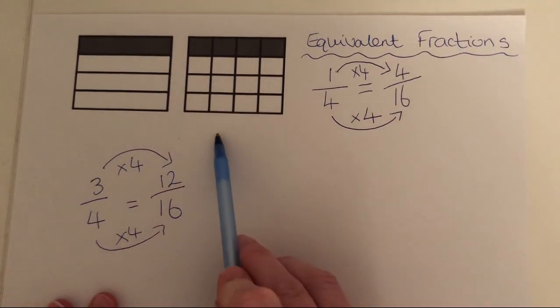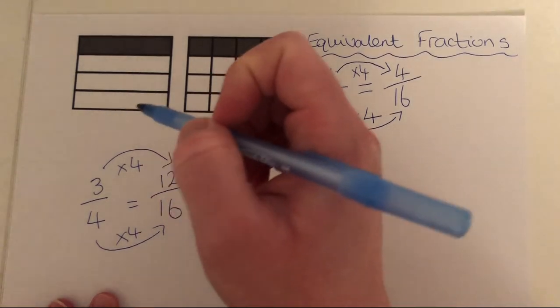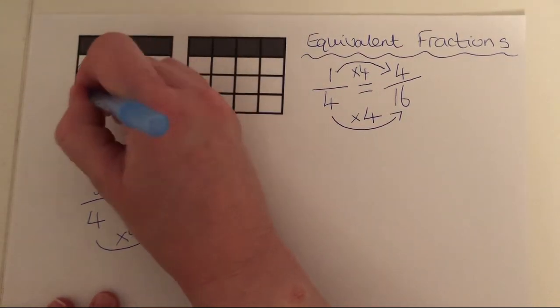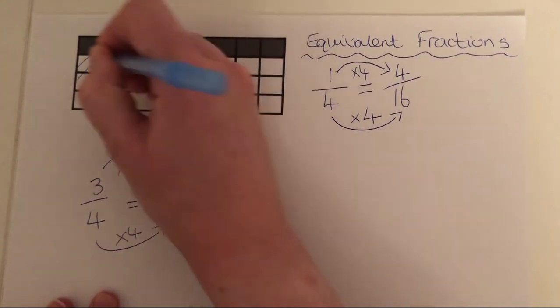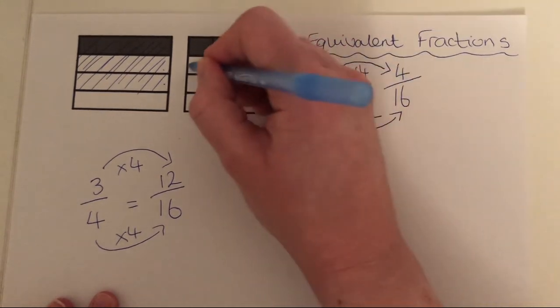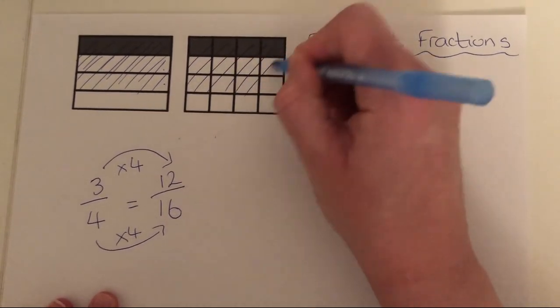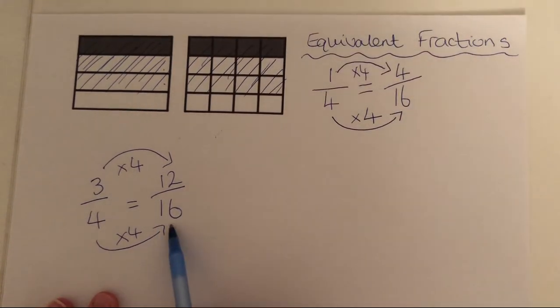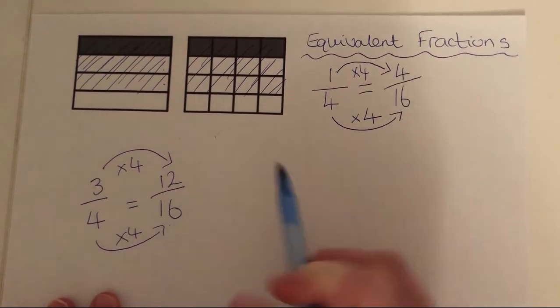And if I were to use my visual up here, I would see that if I coloured in 3 of the quarters, okay, so all of those, 1, 2, 3 quarters, and if I colour in the same amount on here, I would still get my 12/16ths, okay?